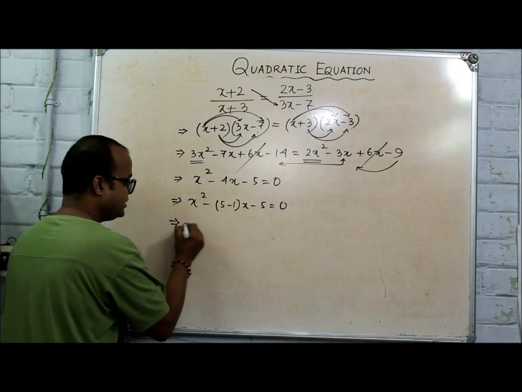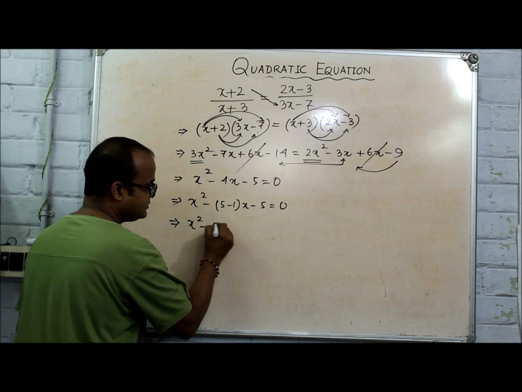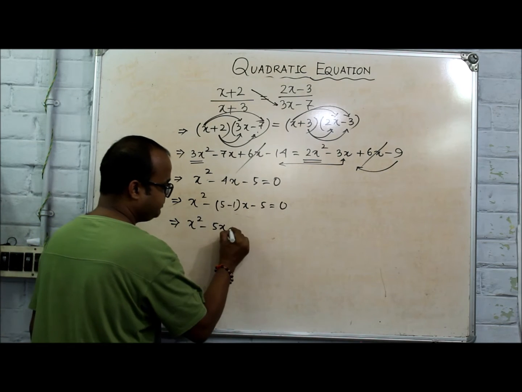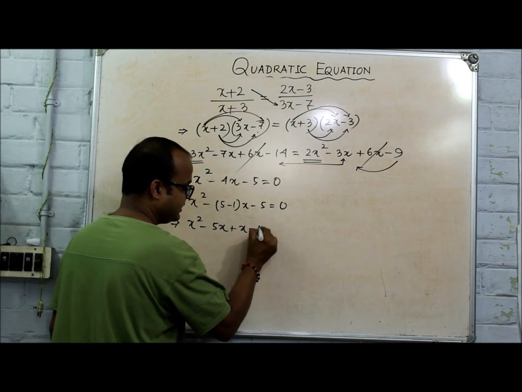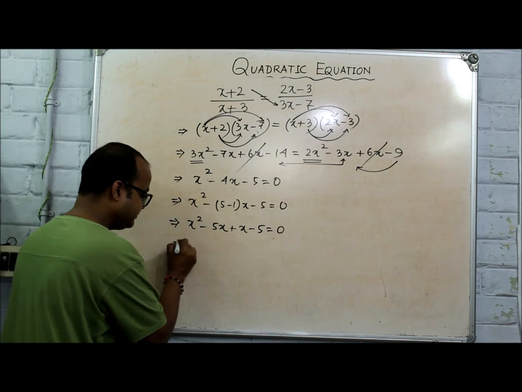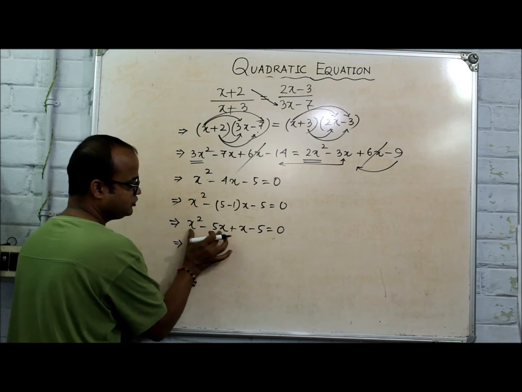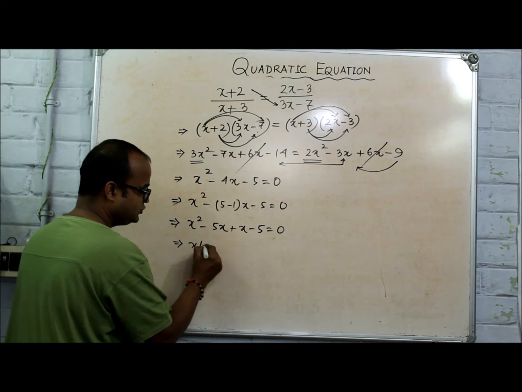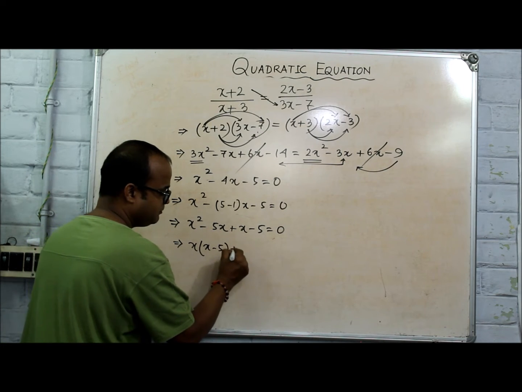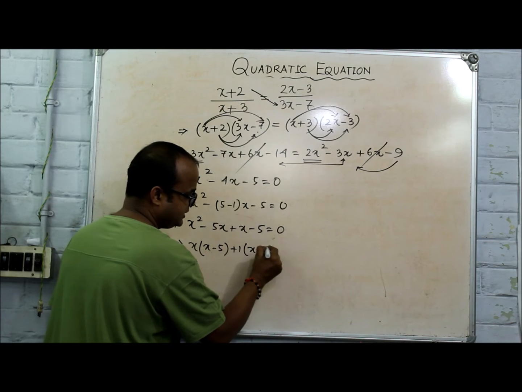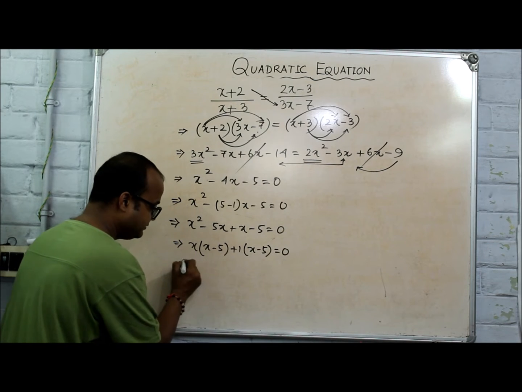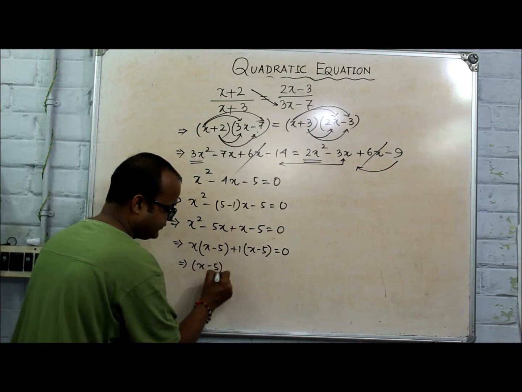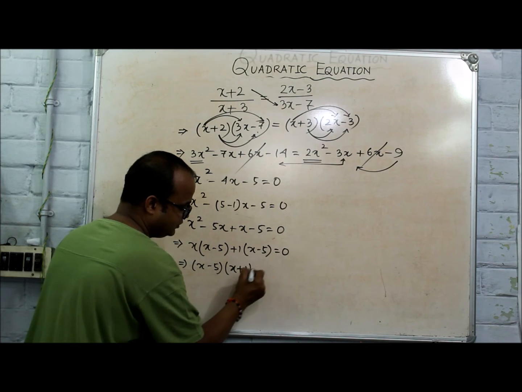It implies x square minus 5x plus x minus 5 is equal to 0. It implies you need to take common x from these two. So x minus 5 plus 1, x minus 5 is equal to 0. It implies x minus 5, x plus 1 is equal to 0.